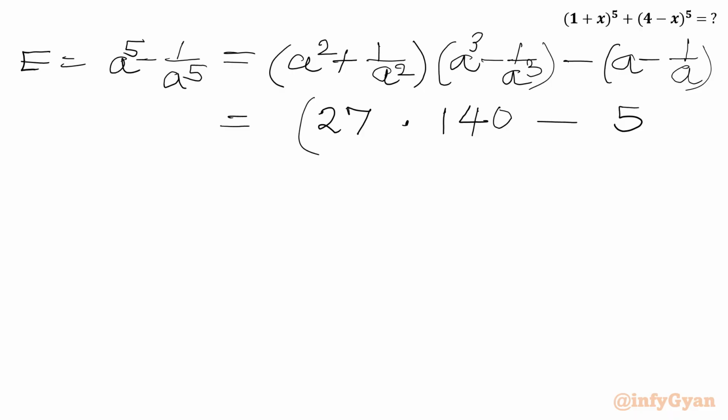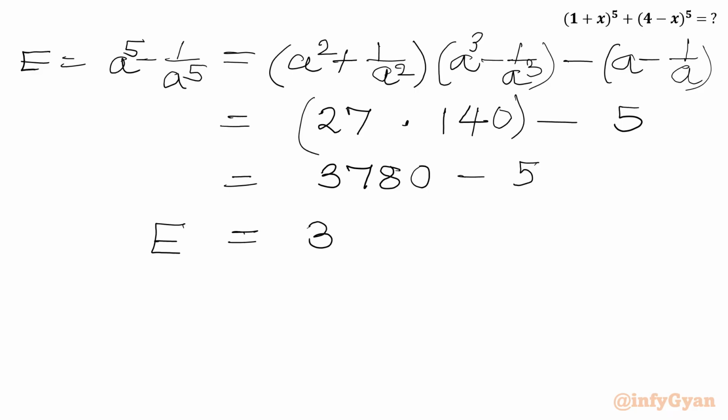So we have to multiply these two numbers first. So this product will come out 3780, minus 5. So we can say our answer will become 3775.